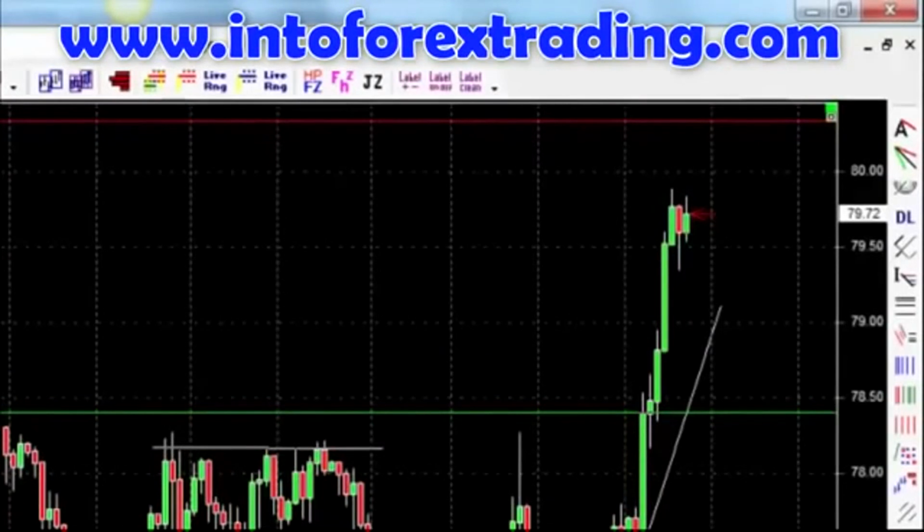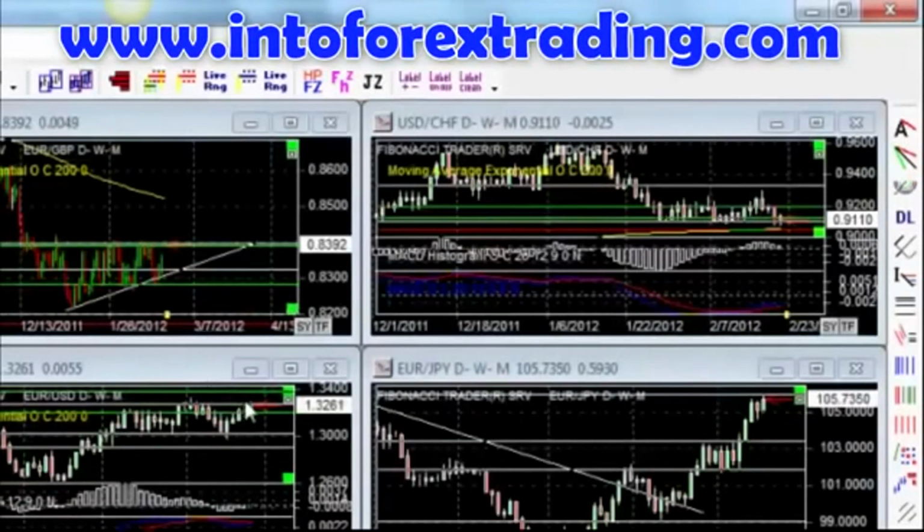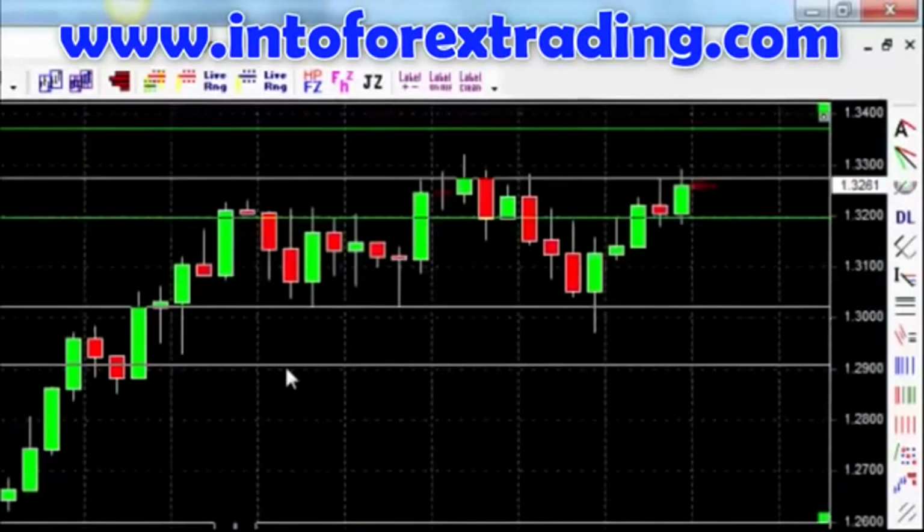Any currency pair trading against the yen is only going to be 2 decimal points, and other currency pairs are most of the time 4 decimal points. So this is the euro US dollar, which is at 1.3262, which means it takes 1.3262 US dollars to buy 1 euro.